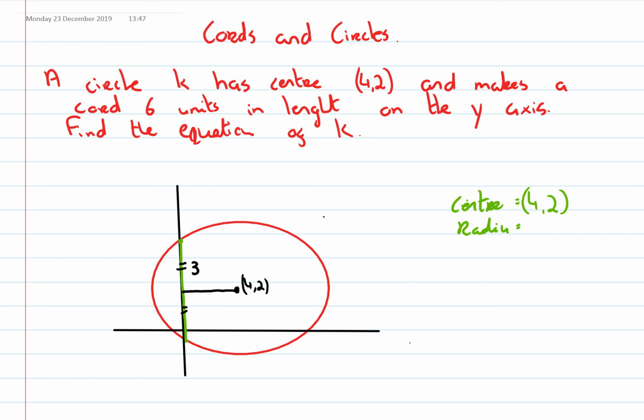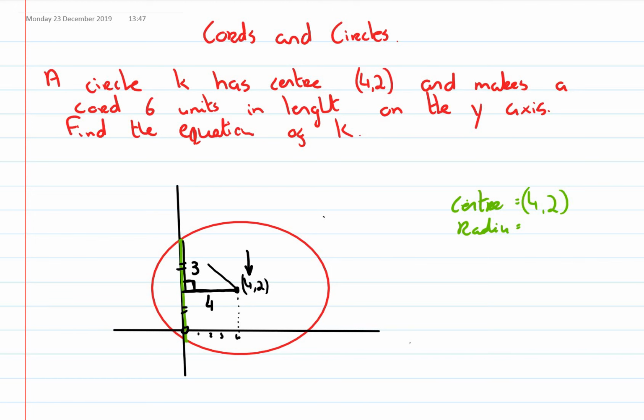I know this here must be 4. Why? Well, look, it's 4 on the x-axis, so this is 0, 1, 2, 3, 4. So 4 on the x will take me to there, so therefore that must be 4. So if that's 3 and that's 4 here, could I not use Pythagoras' theorem, because that's a right angle triangle?